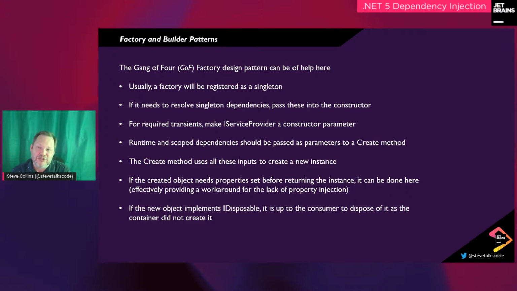Direct use of the IServiceProvider is considered a version of the service locator anti-pattern. The reason it's an anti-pattern is that it's kind of tight coupling your classes to container interfaces, which in most cases you don't really want to do. You want your classes to be oblivious to the container technology.